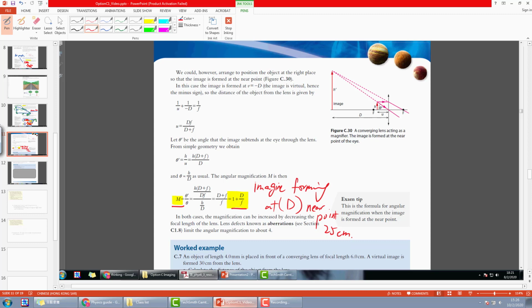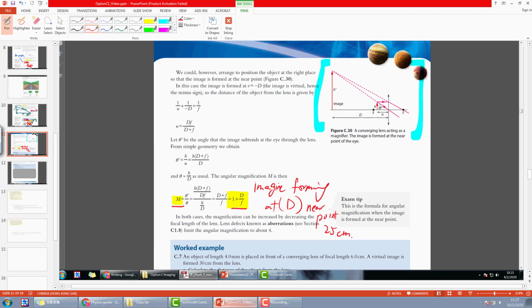In fact, the textbook already provides a very nice diagram. The only way you can get the image at 25 cm is if it is inverted as well. The object must be between the lens and f, because you are trying to magnify it.